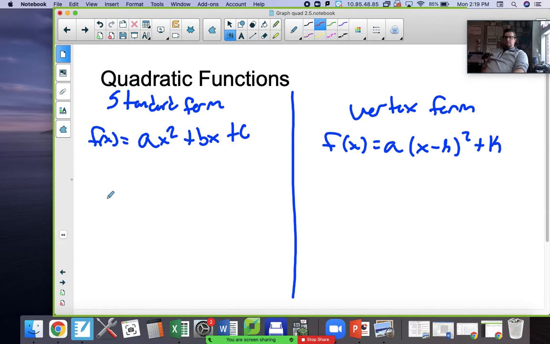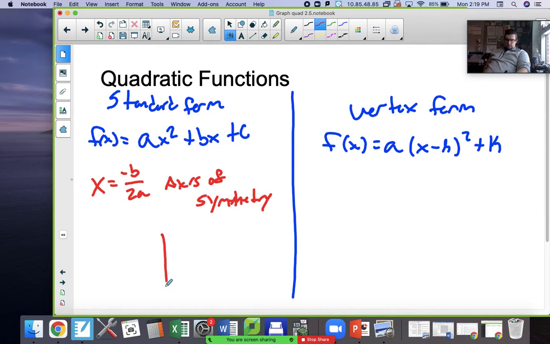So standard form, we found the axis of symmetry to find our vertex, to graph our parabola. Vertex form, it gives us the vertex.